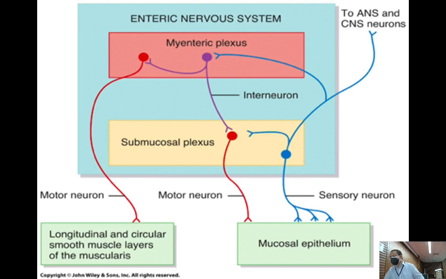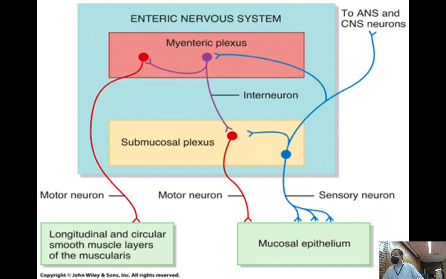Whereas the sympathetic is probably important during feeding, when there is a period of filling of the gastrointestinal tract. So this is how the gastrointestinal tract is being controlled.